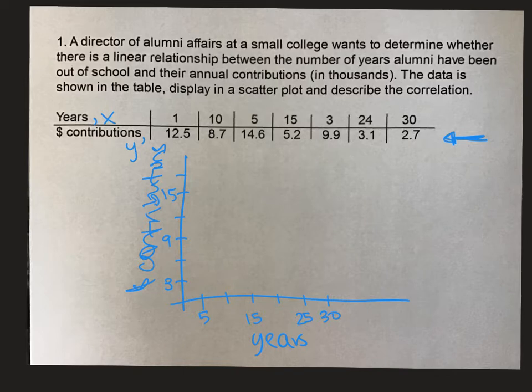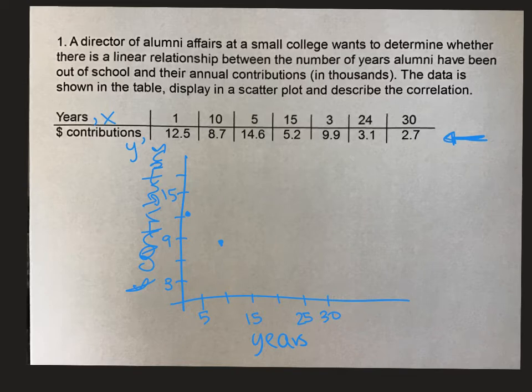So we're just plotting that data. So after 1 year, a person contributed 12,500. 10 years, they contributed 8.7. These points don't have to be perfect.